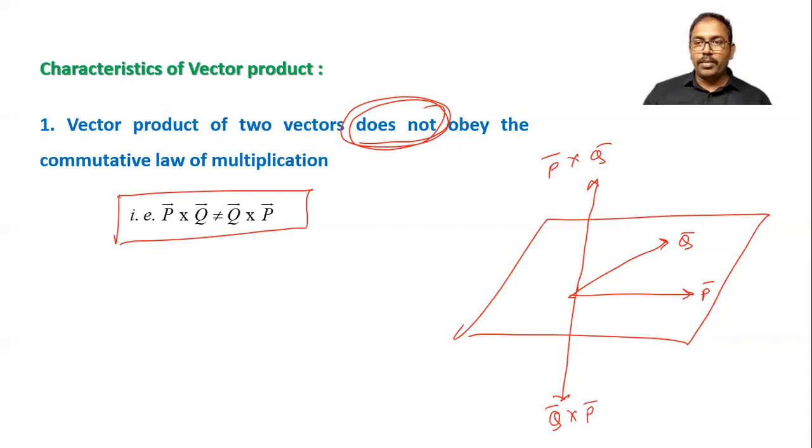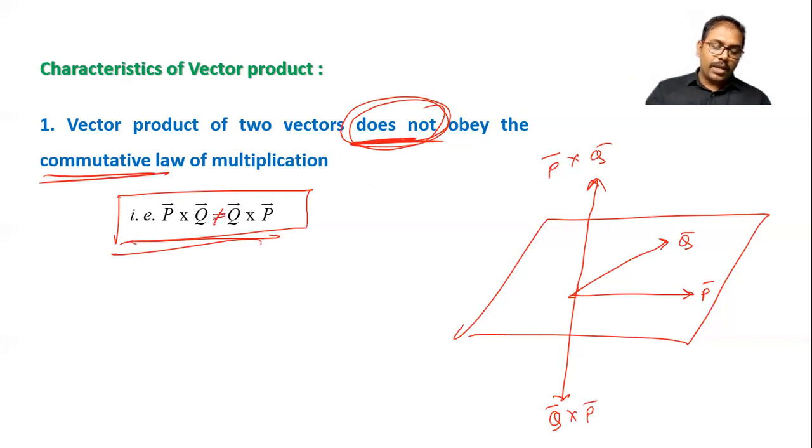So they are not the same. The same vector means they have the same magnitude and direction. So you can see the direction of P bar cross Q bar is upward, Q bar cross P bar is downward. So they are not the same. Not the same means it does not obey the commutative law of multiplication. So here we can write they are not equal.